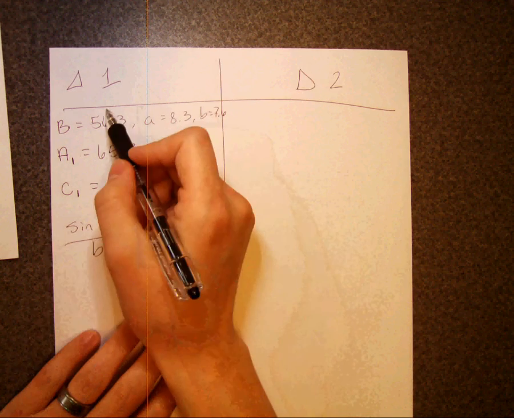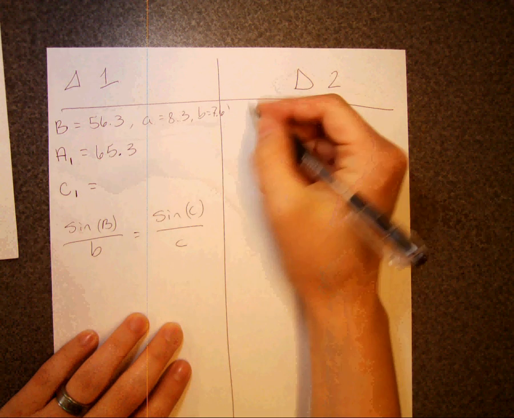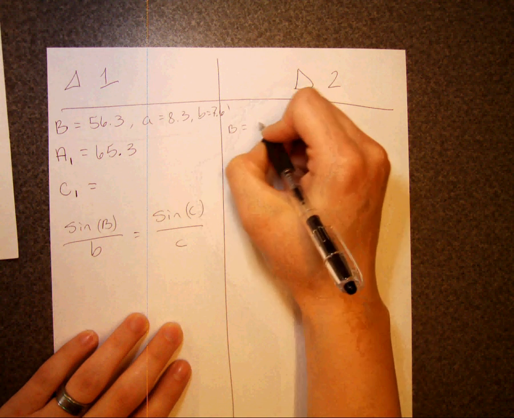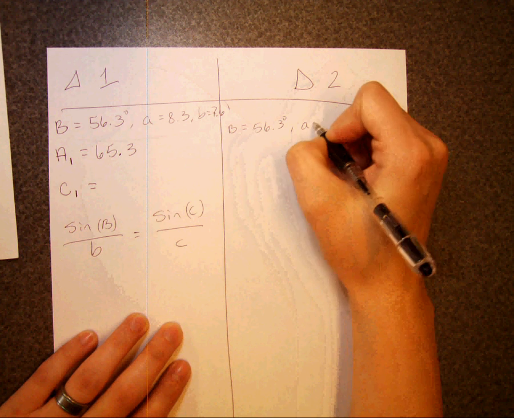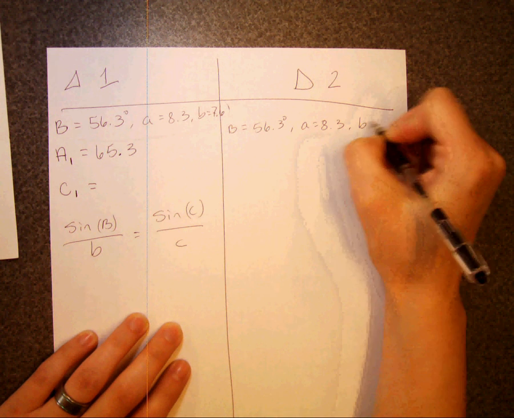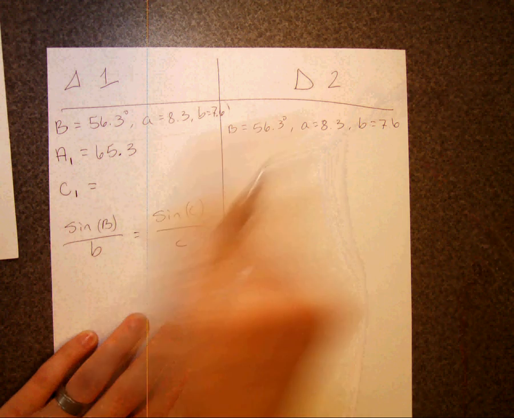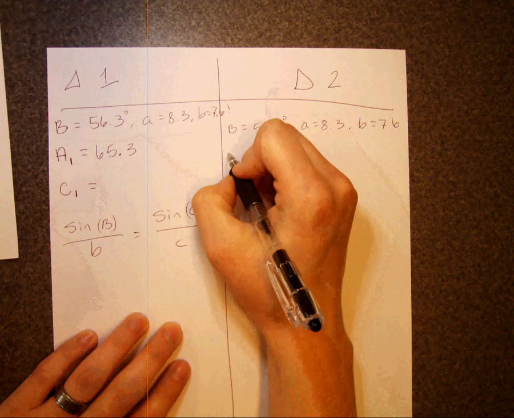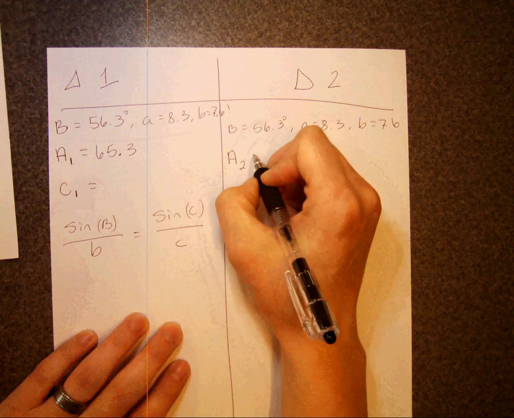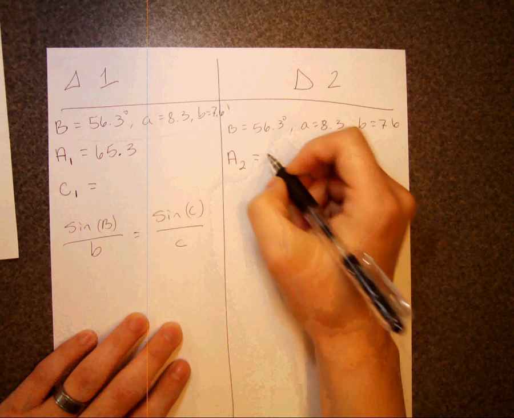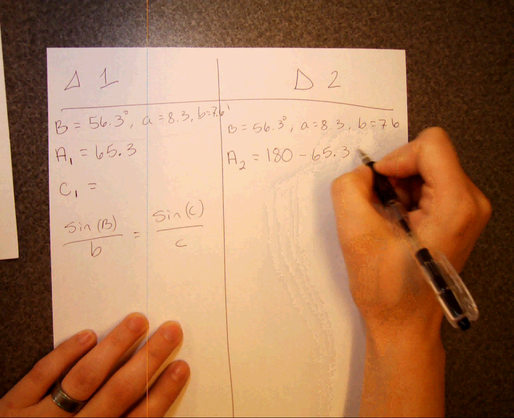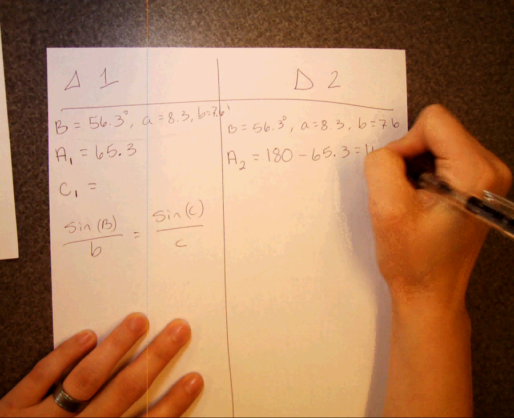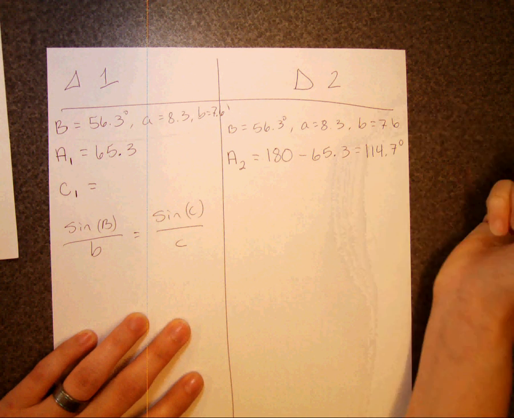For the second triangle, all of your given information stays the same. You still know angle B is 56.3 degrees, side A is 8.3, and side B is 7.6. Angle A, I'm going to call it A2, for my second triangle, is going to be 180 minus 65.3 degrees, which is going to give me 114.7 degrees.